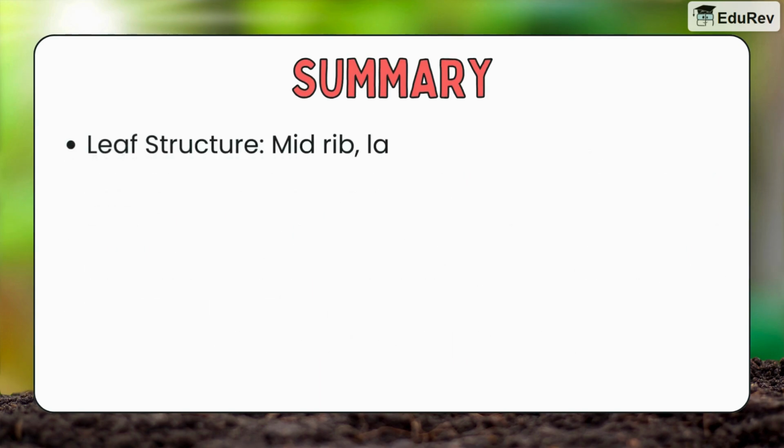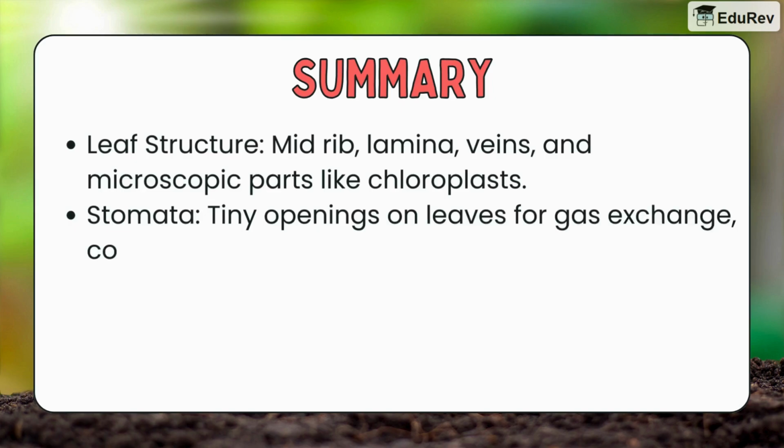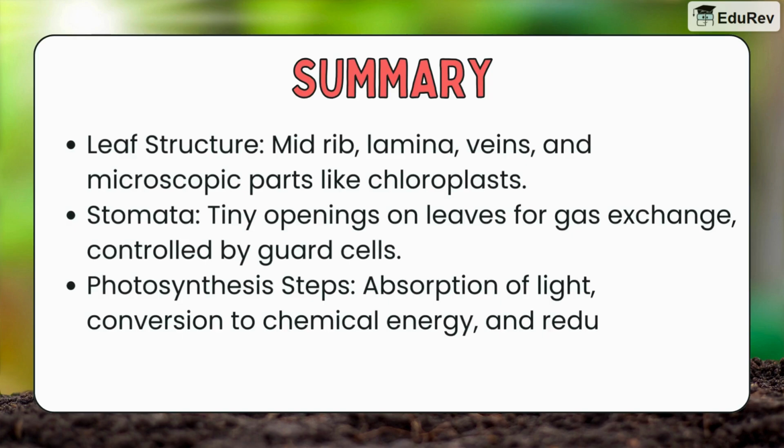Leaf structure, midrib, lamina, veins, and microscopic parts like chloroplasts. Stomata, tiny openings on leaves for gas exchange, controlled by guard cells. Photosynthesis steps, absorption of light, conversion to chemical energy, and reduction of CO2 to glucose.